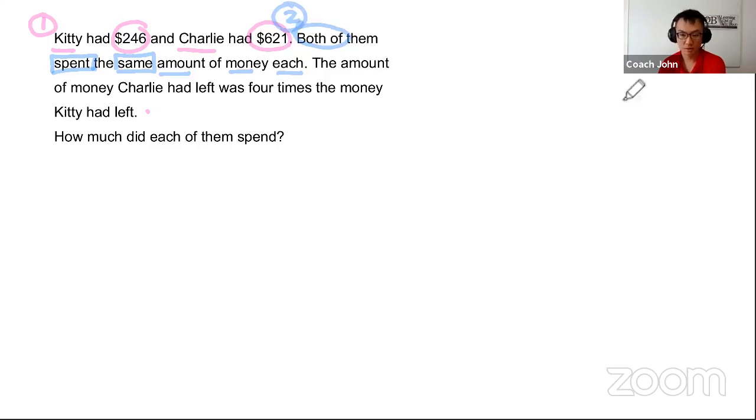So next, the amount of money Charlie had left was 4 times. Good habit for you to quickly write down 4 times, below 4 times, the money Kitty had left. Okay, so we have 3 sentences.